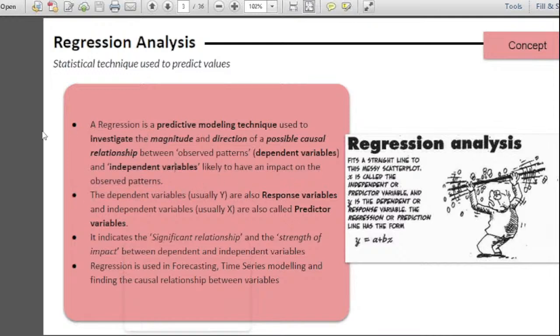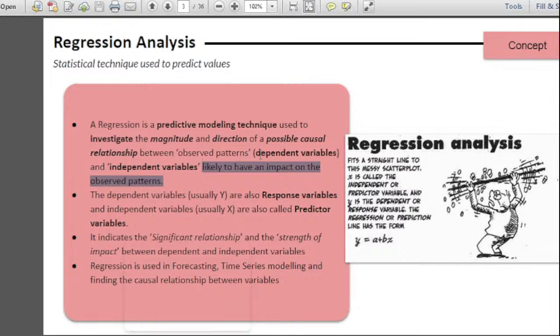We observe the values of the y variable, and based on some independent variables we try to predict how they can have an impact on the dependent variable, and how I can model that impact so that in future when new x comes in, I am able to predict the value of the dependent variable. Clear?